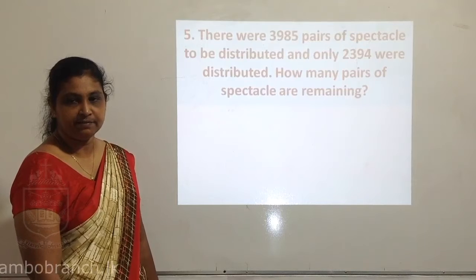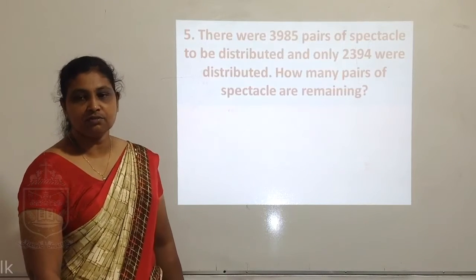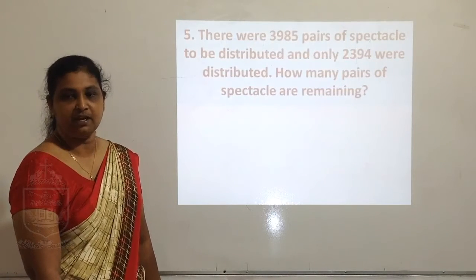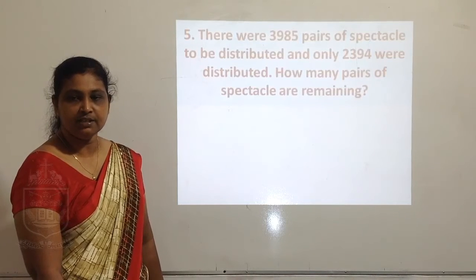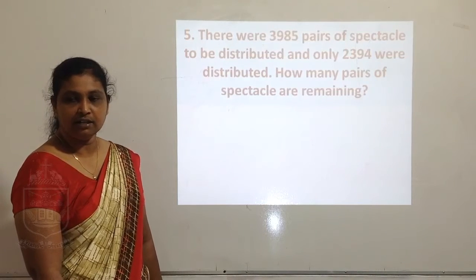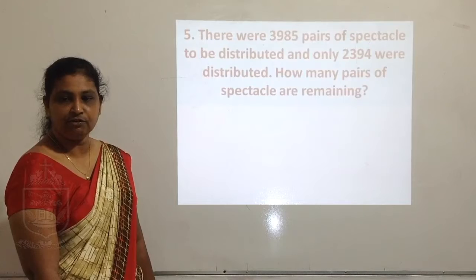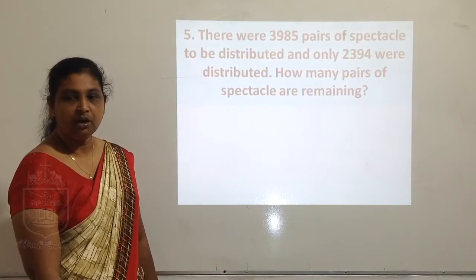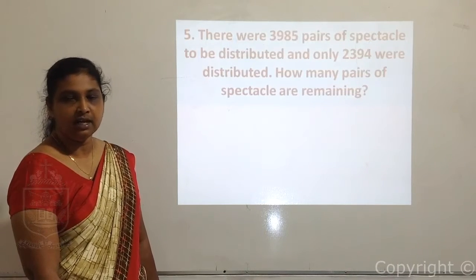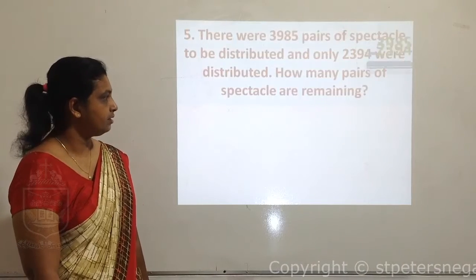Question number 5. There were 3,985 pairs of spectacles to be distributed and only 2,394 were distributed. How many pairs of spectacles are remaining?